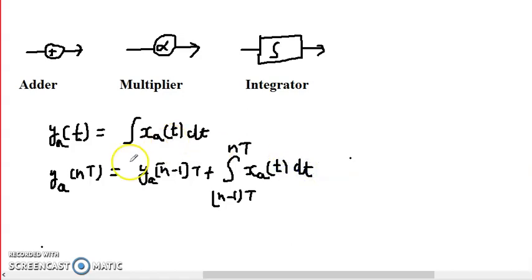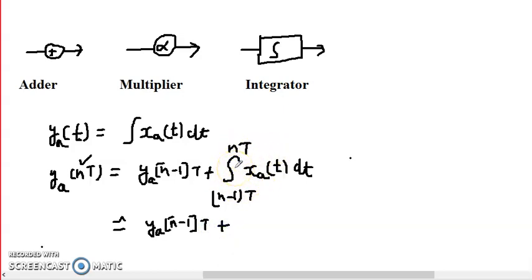Okay, so this is the exact equation. Now it can be approximated to y_a((n-1)T) plus, and what is integration?